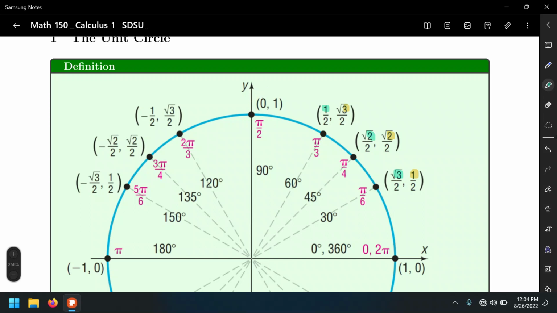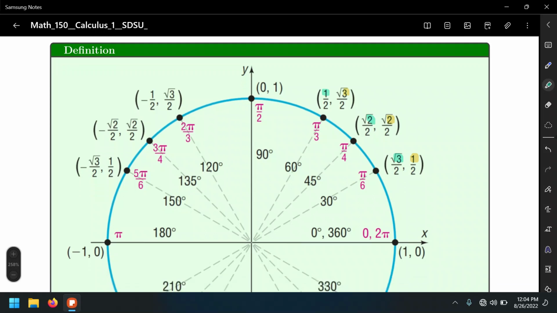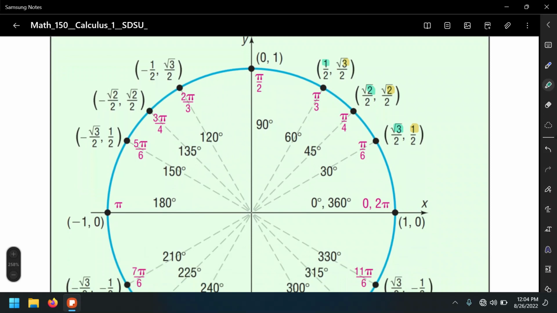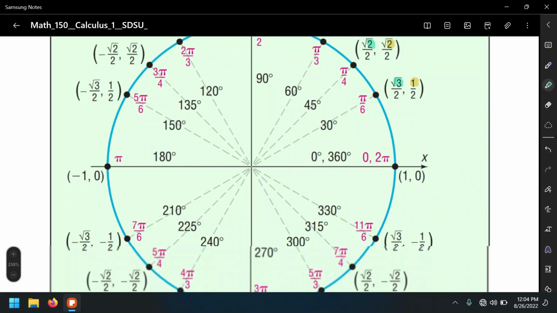And then knowing this pattern, knowing these 1, 2, 3 points, you can use that same information to fill in the rest of the points. Because this point will have a mirror image over here on the second quadrant. It's the same point, but the one that changes sign is only the x value. And same here, same point, x changes sign.